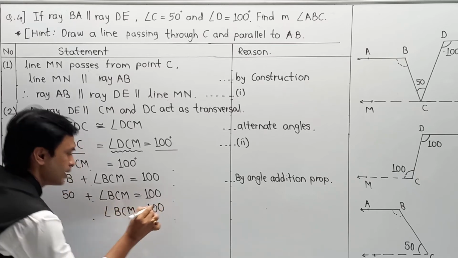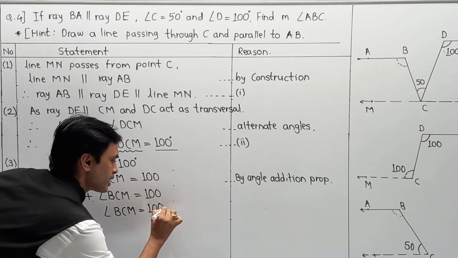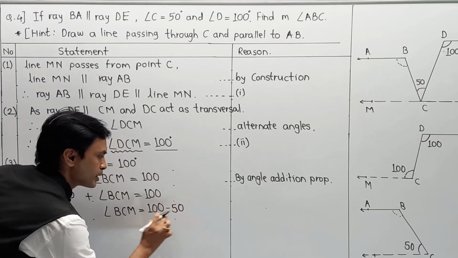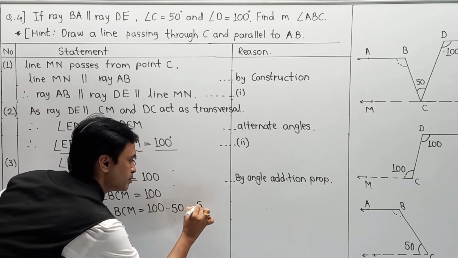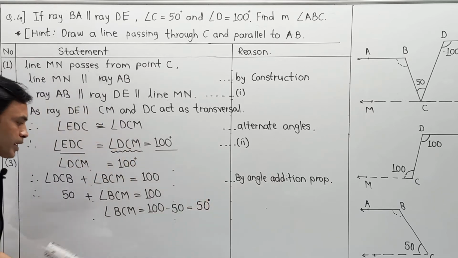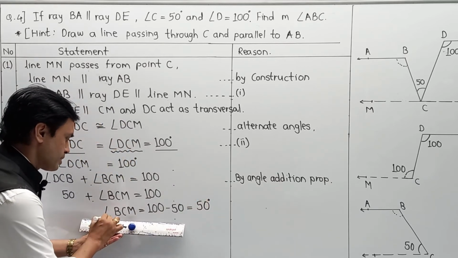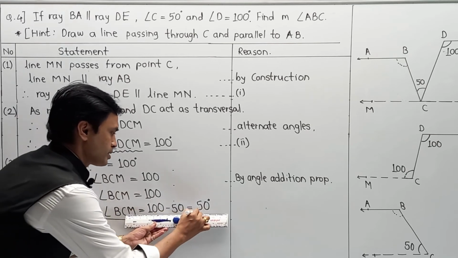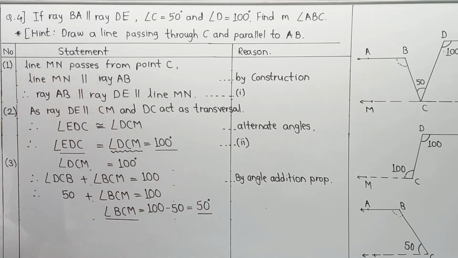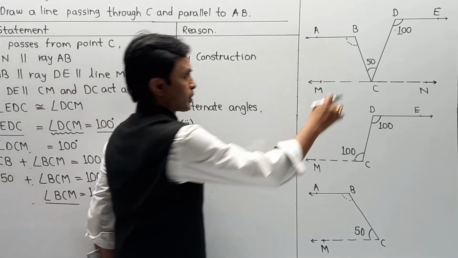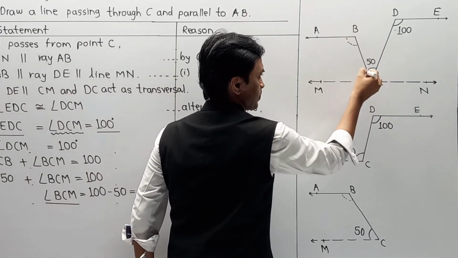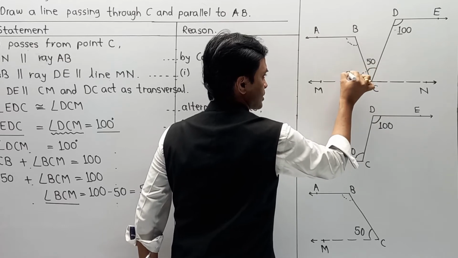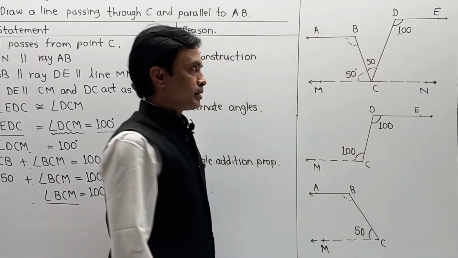This plus 50 goes to the other side as minus 50, and 100 minus 50 means 50 degrees. So we get angle BCM equal to 50 degrees, and here you are able to get this value of BCM as 50 degrees.